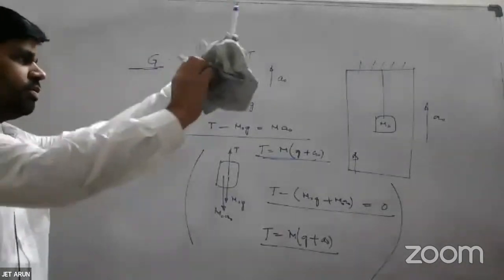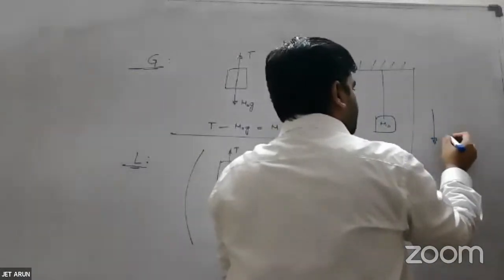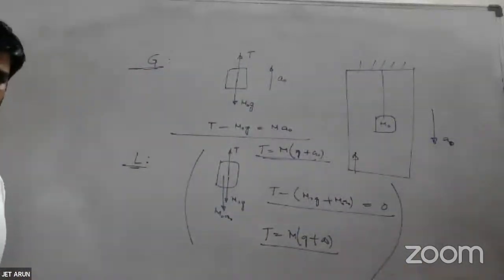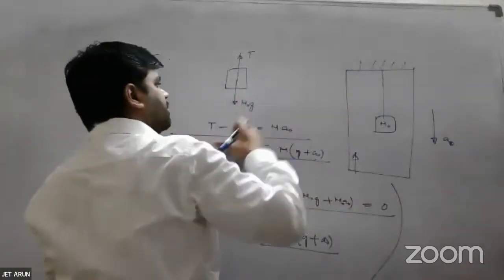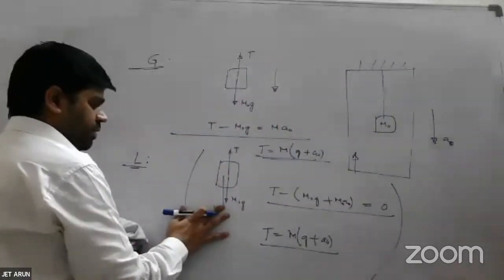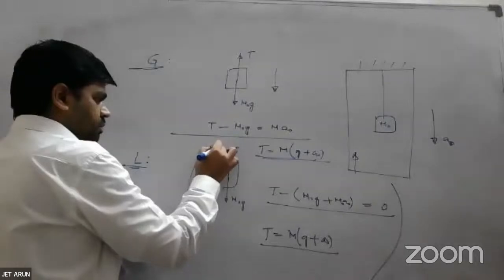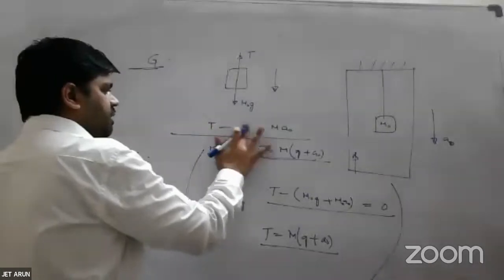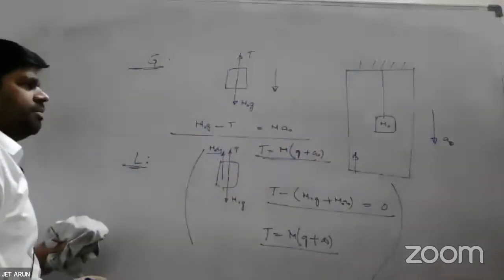Yes, sir. Okay. Now let us say, students, this is going downwards with an acceleration a naught. Now can you tell me what's the tension in the string? So acceleration is reversed here, and pseudo force is reversed here. So it would be m g minus T is equal to m a naught.